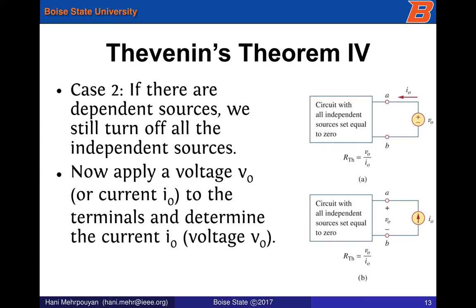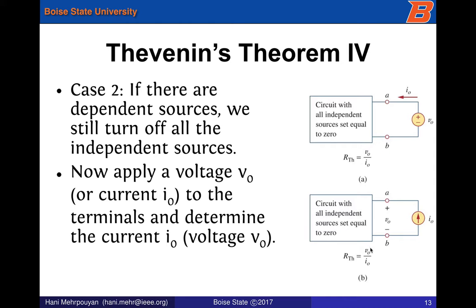Case two is the scenario where you do have dependent sources. And this case is not as straightforward. You still turn off all the independent sources, as we mentioned before. However, it's not easy to find the actual equivalent resistance. So what you have to do is apply a test voltage and then try to find what I0 is. Or you could apply a test current and find what V0 is. Then, using Ohm's law, R Thevenin is equal to V0 divided by I0.